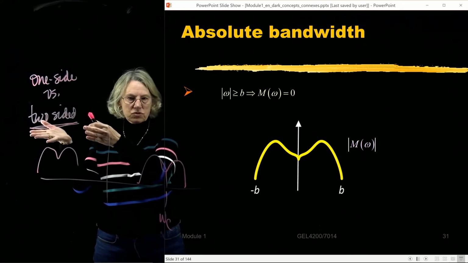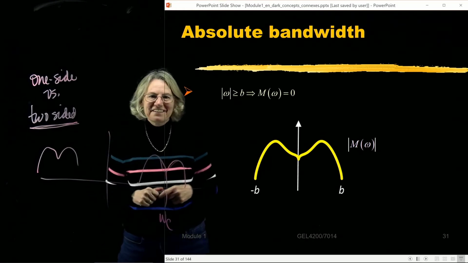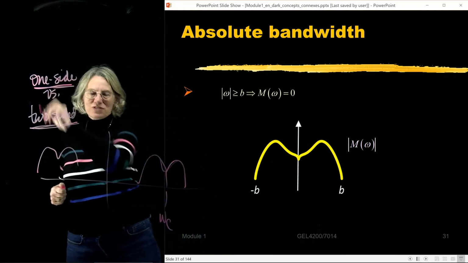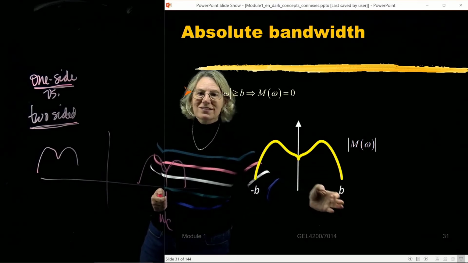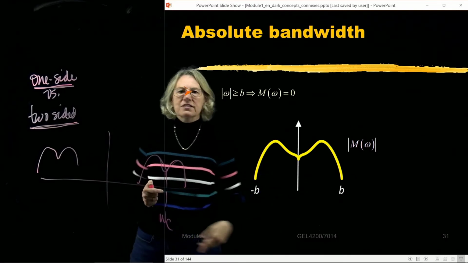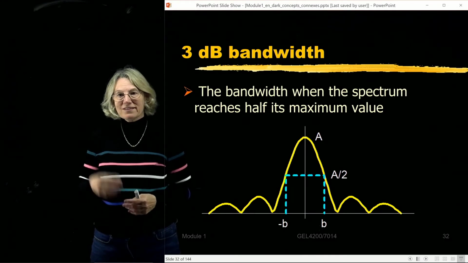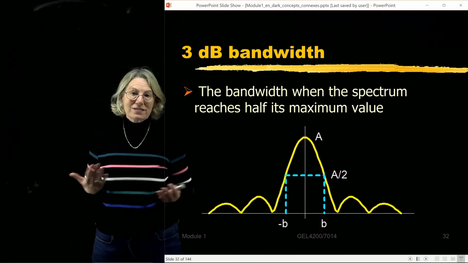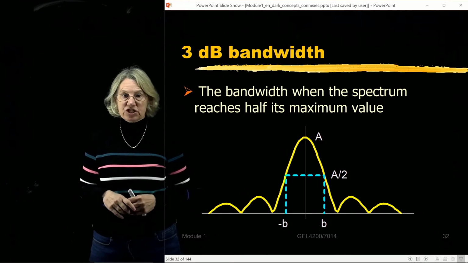I said we use two-sided, but that's not necessarily true. I misspoke. We can be either one-sided or two-sided. For instance, if we just say the maximum frequency, that seems a little less ambiguous, and we can use that for bandwidth also. So when I say B now, the B is the bandwidth that we'll be using, which is kind of the one-sided bandwidth.